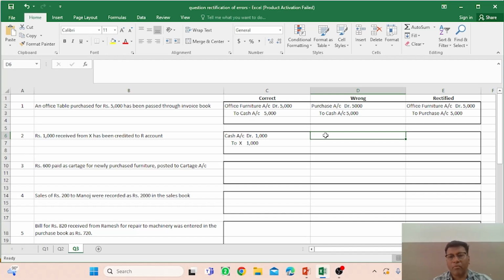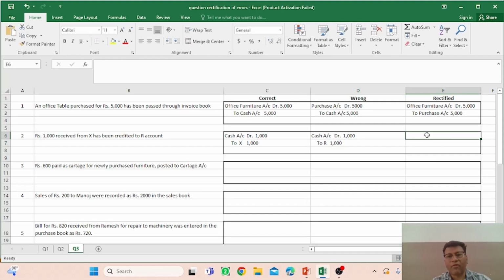If a particular book were mentioned, you would assume that the error was made on both sides, but in this case, because only the R account is credited, you assume the cash account was not mistaken. So you write here: cash account debit rupees 1,000, to R account, rupees 1,000.